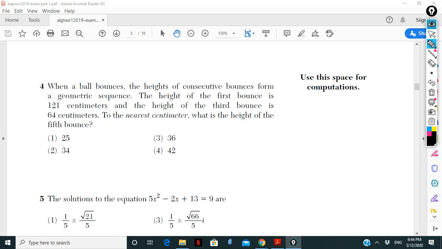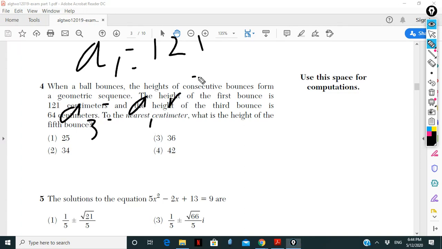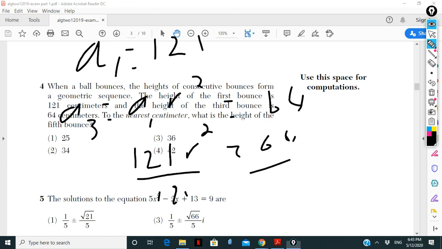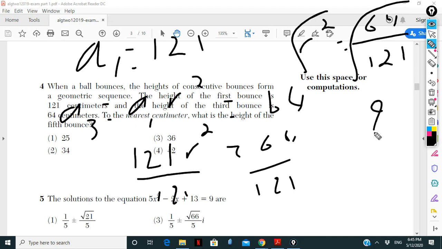So here a1 equals 121, and a3 equals a1 times r to the power 2, which equals 64. So 121 r squared equals 64. I divide by 121, so r squared equals 64 over 121. Taking the square root, the ratio is 8 over 11.